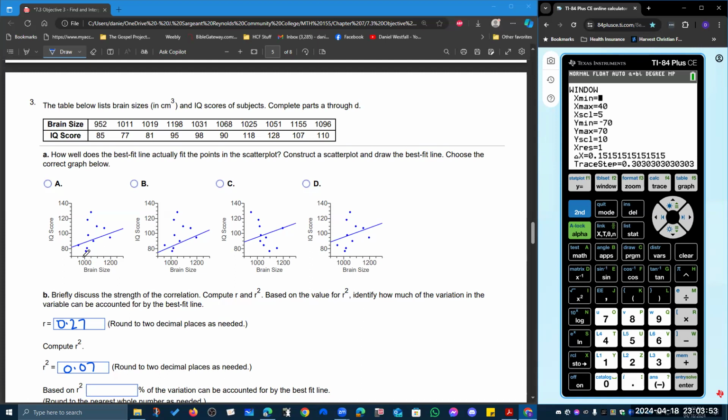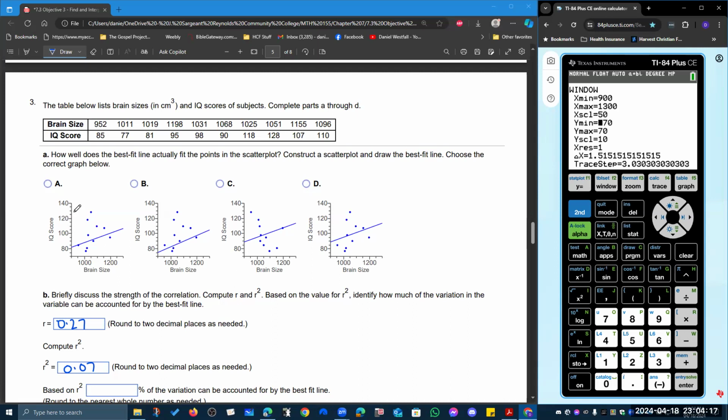So let's say it starts at 900 and goes up to 1300 by 50s.